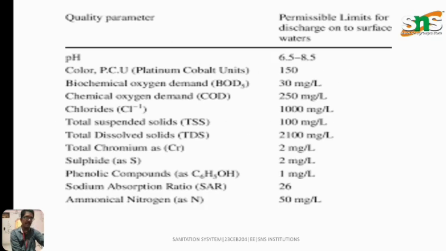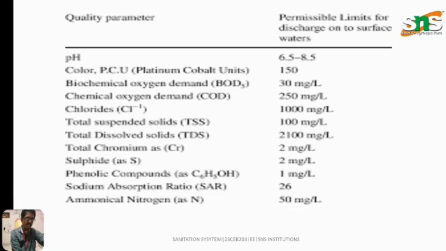Quality parameters in and around the residential areas should be maintained properly. pH should be 6.5 to 8.5, the color should be 150 units, biological oxygen demand, that is BOD, for 5 days is 30 milligram per liter, chemical oxygen demand should be 250 milligram per liter, and chlorides 1000 milligram per liter.